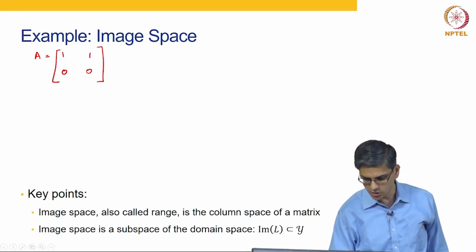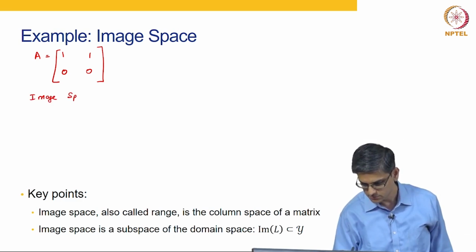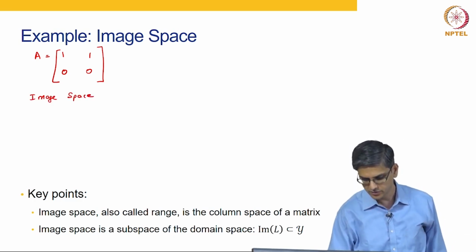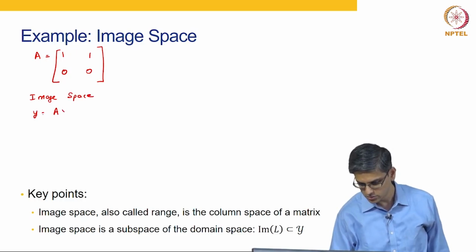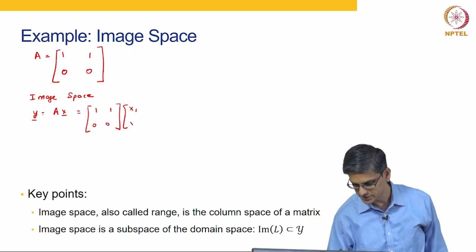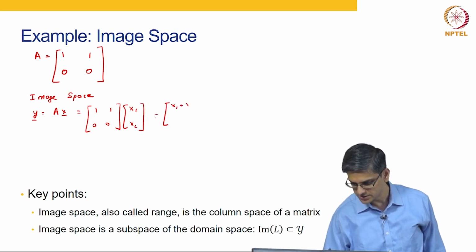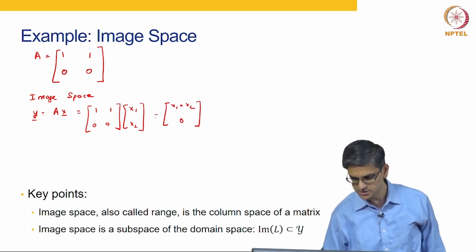Okay. So let us talk about what the image space of this is. y equal to A x bar equal to (1, 1; 0, 0) multiplied by (x1, x2), which is equal to x1 plus x2 and 0.